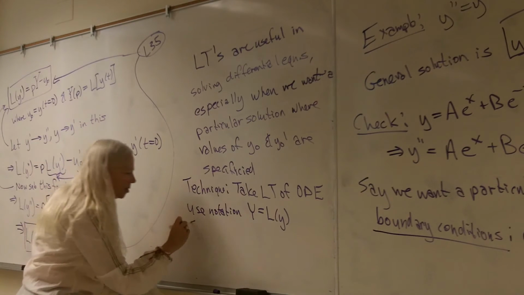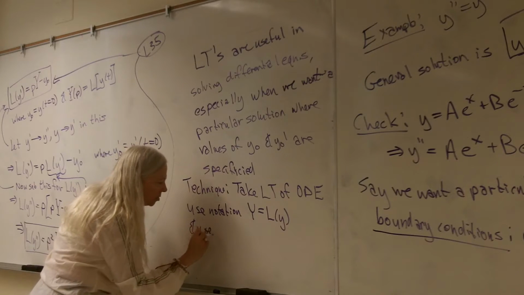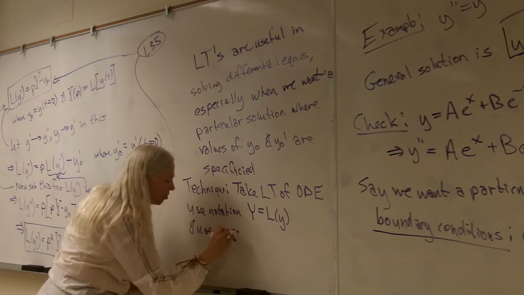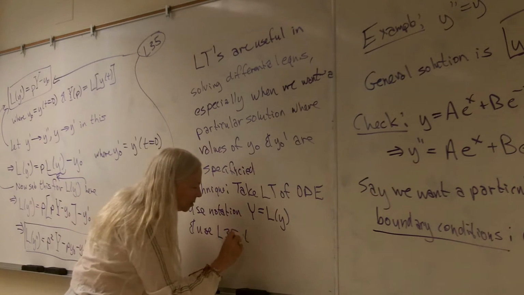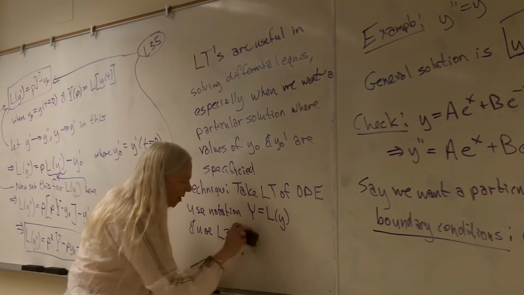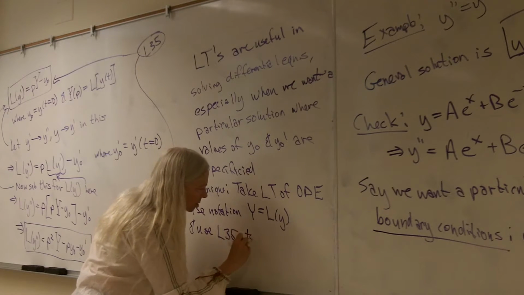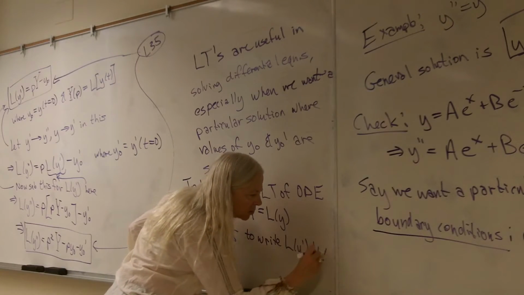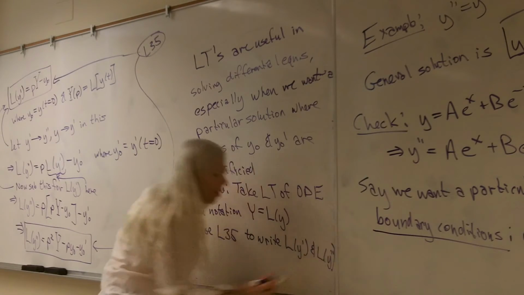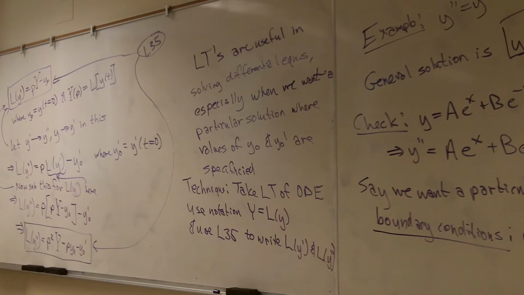And use table entry L35, the one we just derived, to write the Laplace transform of y prime and the Laplace transform of y double prime. Okay? The Laplace transform of any derivatives of y when you see them.